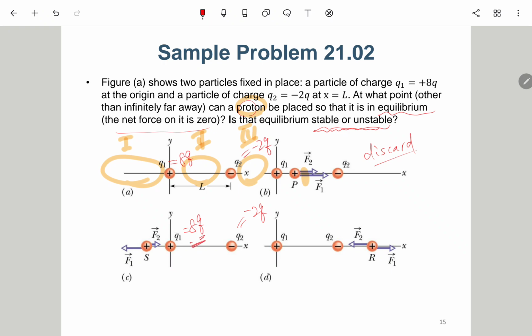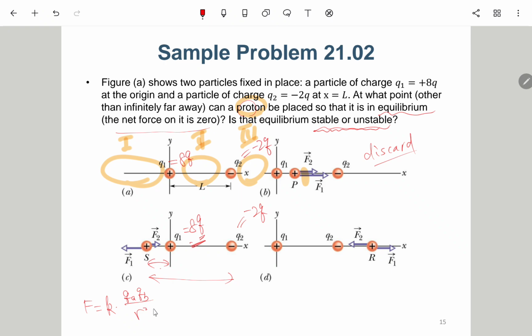And for the distance, the distance between Q1 and the proton is shorter than the distance between Q2 and the proton. If you look into this slightly, F equals K times QA QB over R squared.